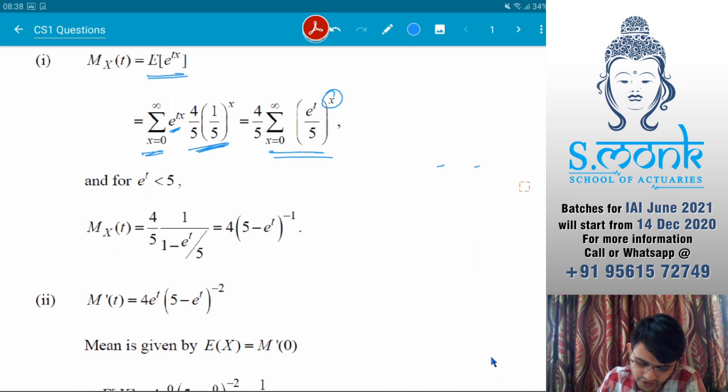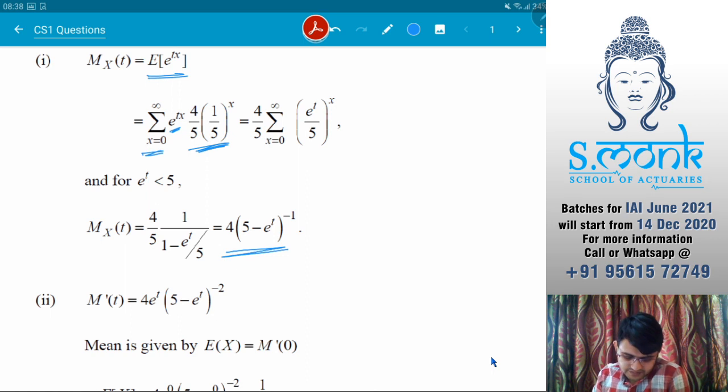Therefore use infinite GP, that would be a upon 1 minus r, and this is what we are going to get, and this is how we can write our mxt given in the question.